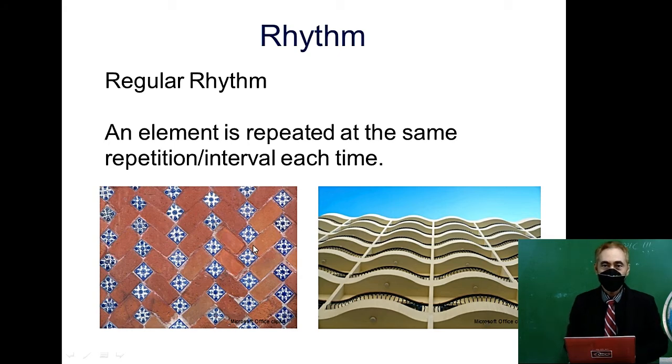So same interval, same timing. That's why it is called rhythm. So rhythm is a little bit different from repetition, because repetition can exist without the same interval of time and the same space.